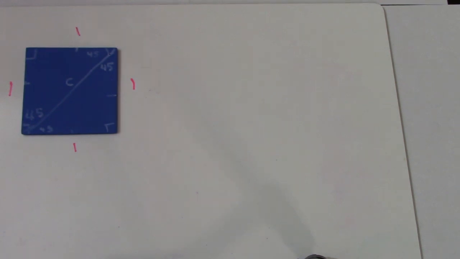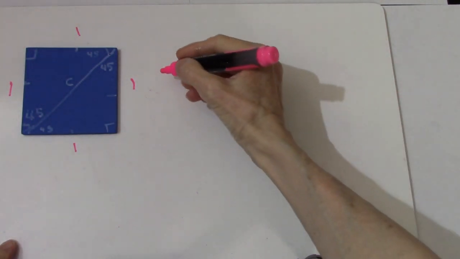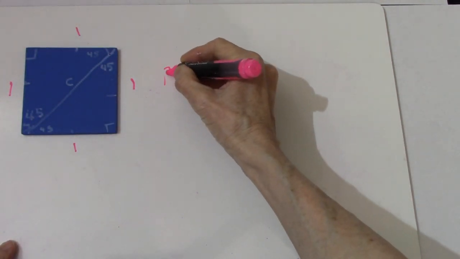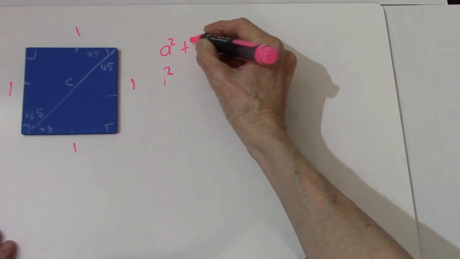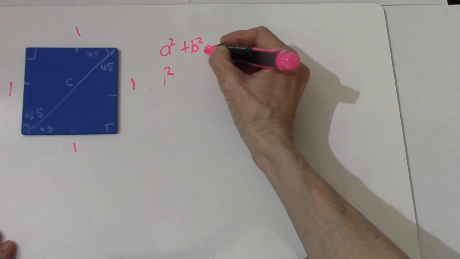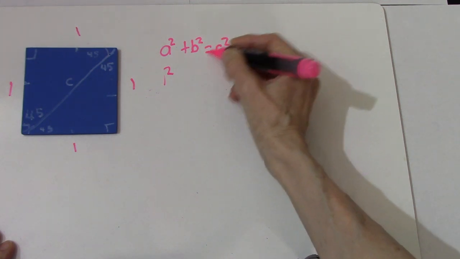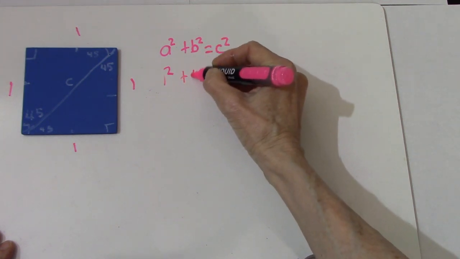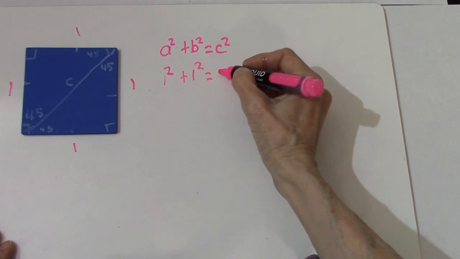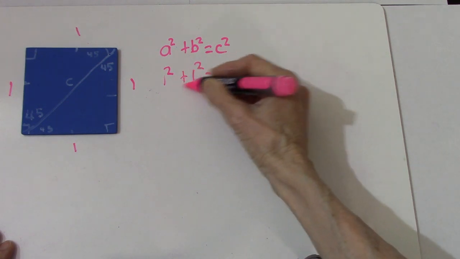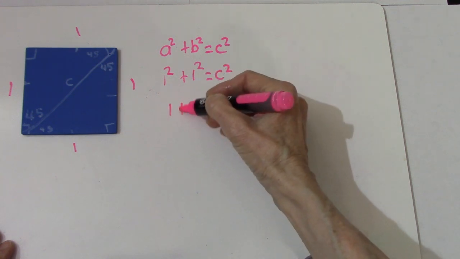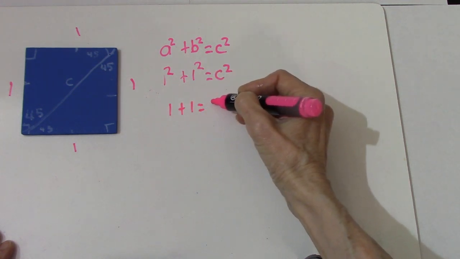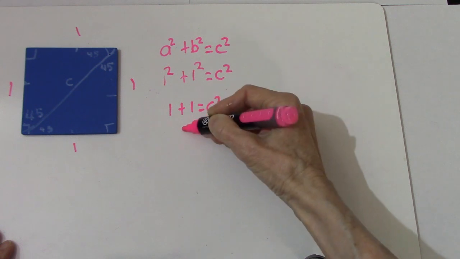Let me write the Pythagorean theorem: a squared plus b squared equals c squared. So 1 squared plus 1 squared equals c squared, because these two are equal, being the two sides of a square. So I have 1 plus 1 equals c squared.